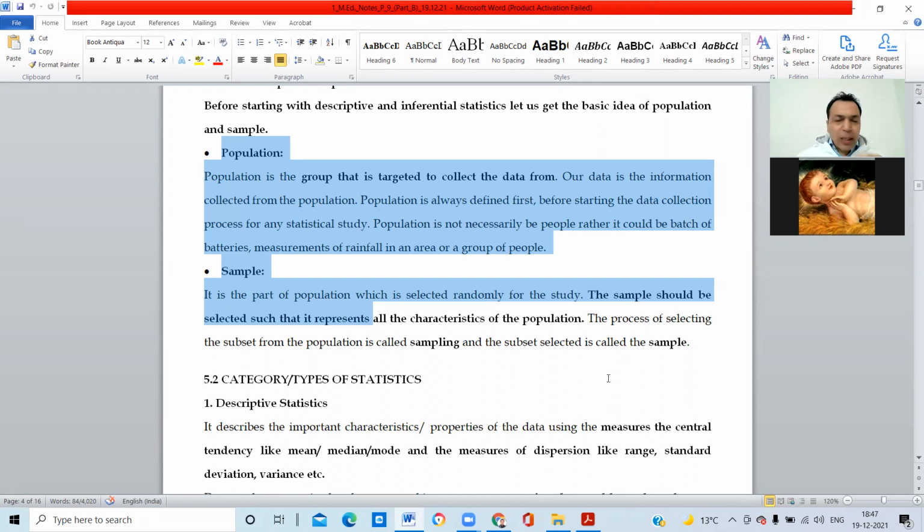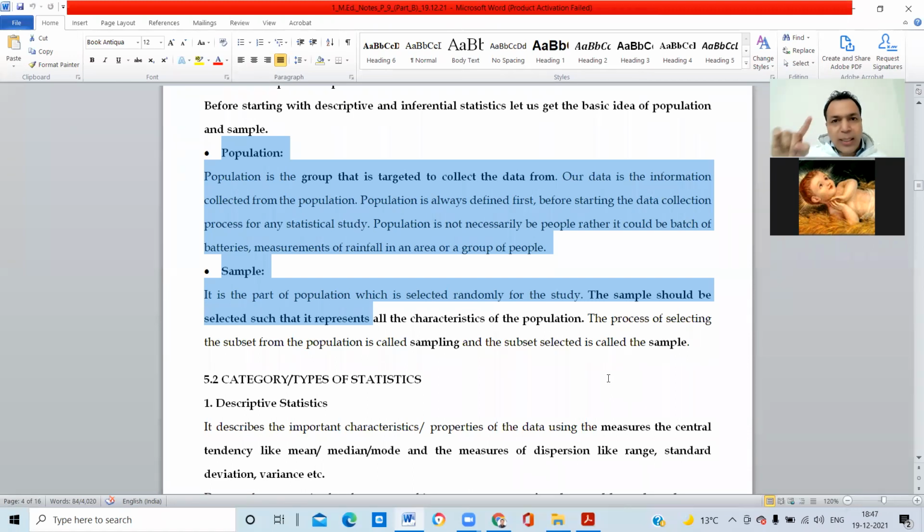There are 29 or 30 states in India; randomly, with the help of a sampling method, you select some states, then some districts, then some convent schools and some 7th classes, and you collect that data. This is called the sample.